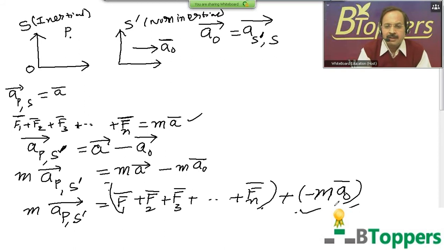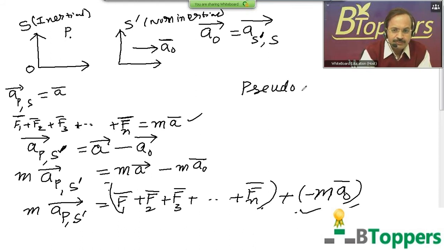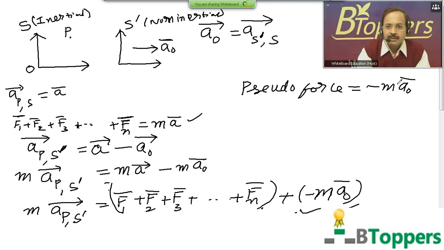This minus m a naught bar, we call it a pseudo force, which does not represent a real force, and this pseudo force does not exist when we solve a problem with respect to the inertial frame.